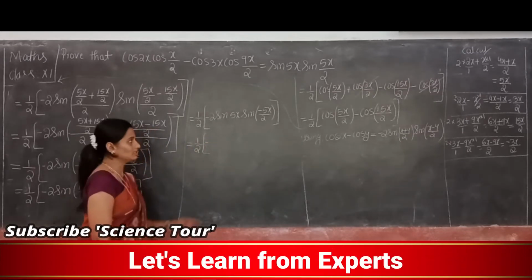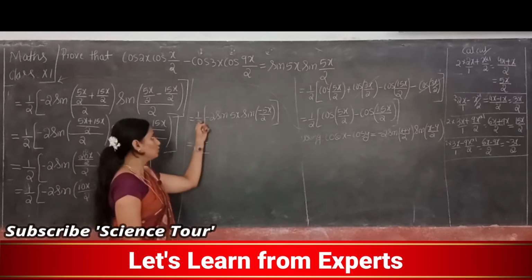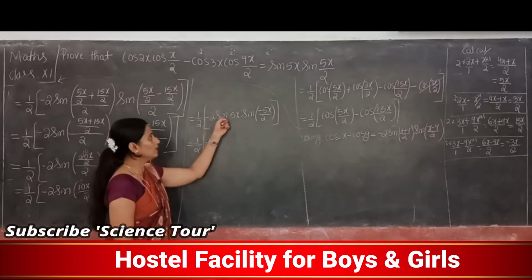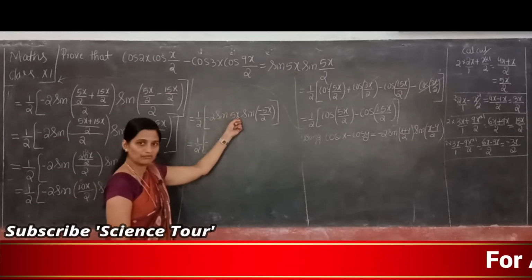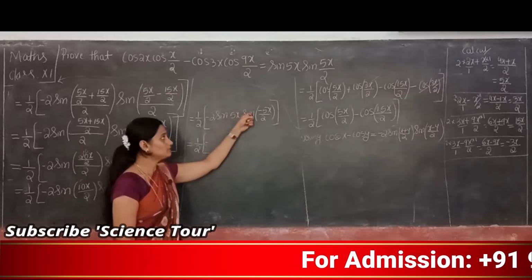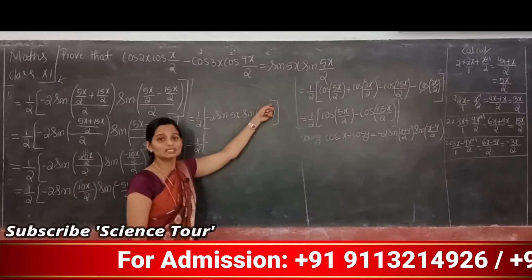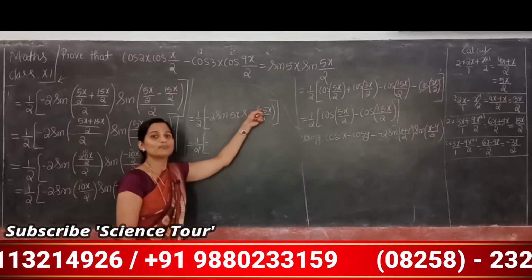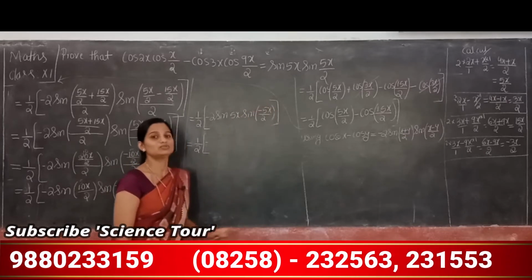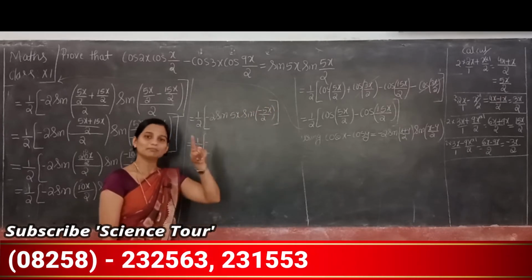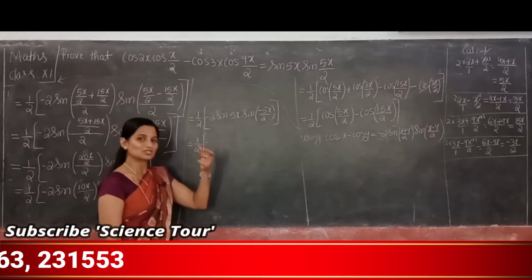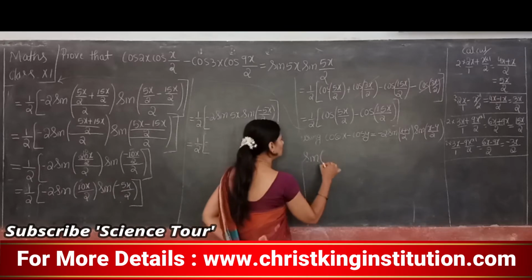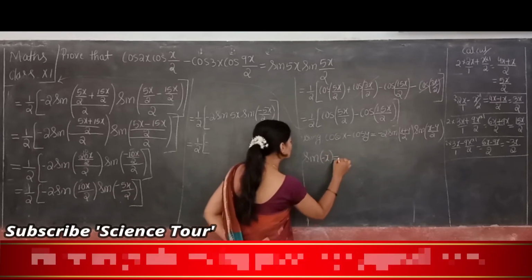Once we read this: 1 by 2 into minus 2 into sin 5x into sin of minus 5x divided by 2. Sin of minus, which formula to use? Sin of minus x, correct, no? So sin of minus x using the formula is what?